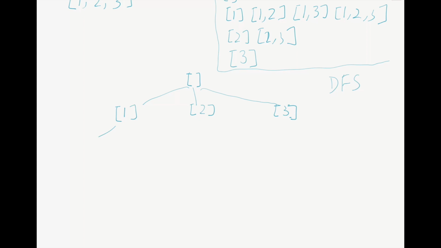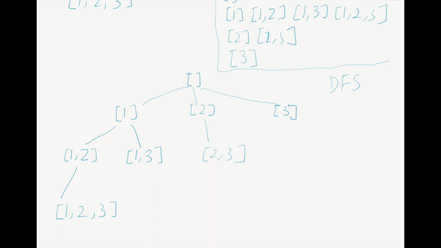And then from 1, we can have 1 2 and 1 3. From 1 2, we can have 1 2 3. From 2, we can have 2 3. From 3, that's it. If we look at the sequence of steps we use to find all the subsets, it's quite similar to a concept in graph theory called depth first search.